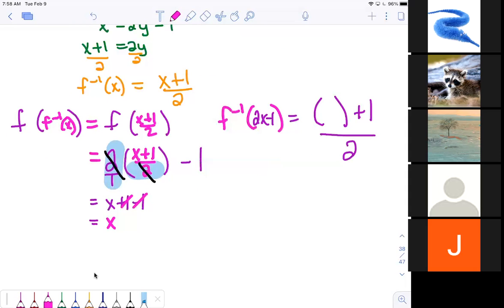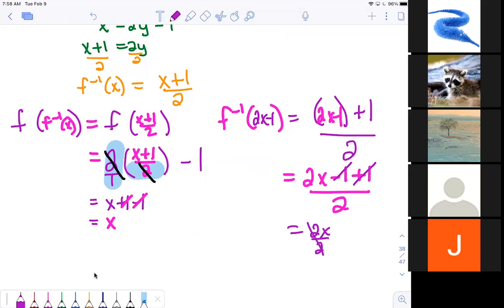We're replacing the x with the function 2x minus 1, which means that I have 2x minus 1 plus 1. My 1's cancel. The 2's cancel, and we just have x.